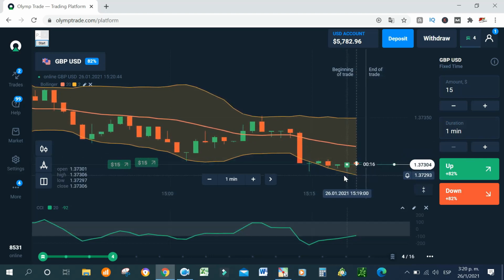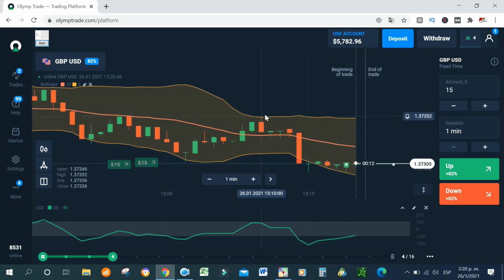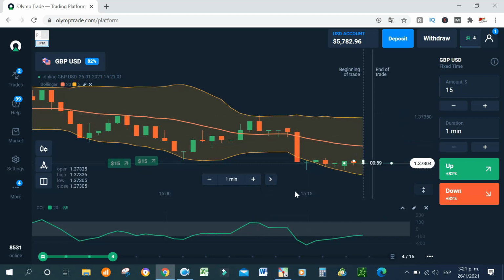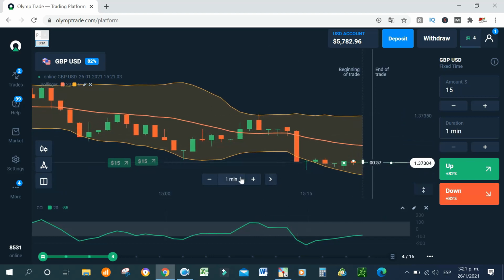Anyway, it's okay. So guys, whenever the price touches the upper Bollinger Bands and the CCI confirms it is in the overbought zone, we can make an entry to the downside. Okay, it's as simple as that, this is how the trading strategy works.